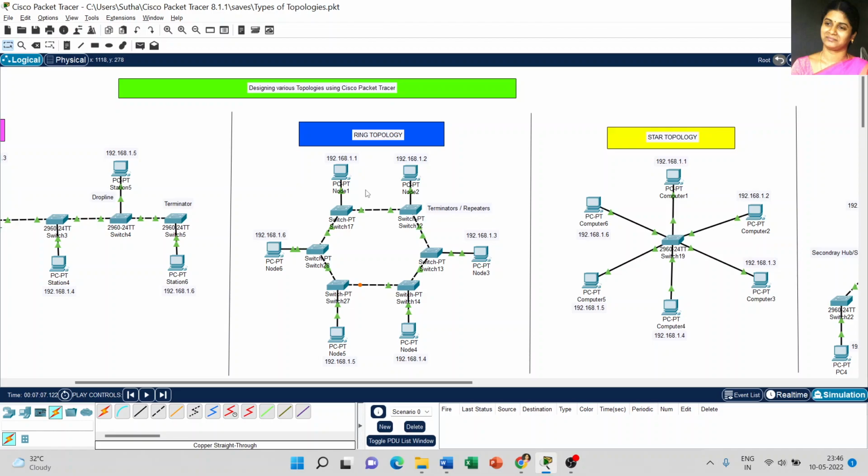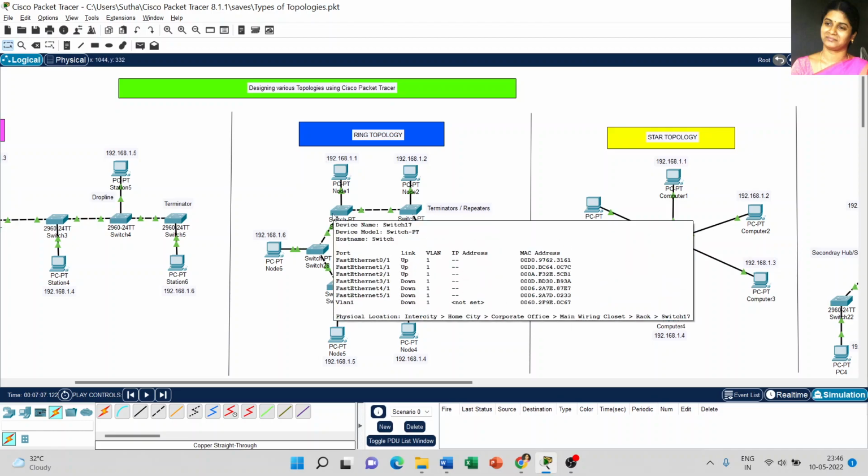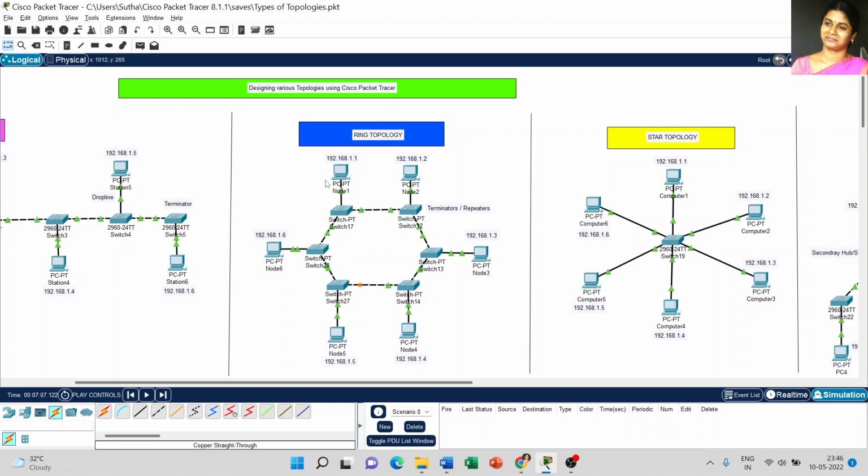Simply each PC is connected with a switch, and as much as we expand the connections, we can create the network structure in an easy way. There is no complexity here. We can simply expand this connection without any prior knowledge. So those are the advantages of ring topology: network collision is low, and it's easy to install and easy to expand our network structure.